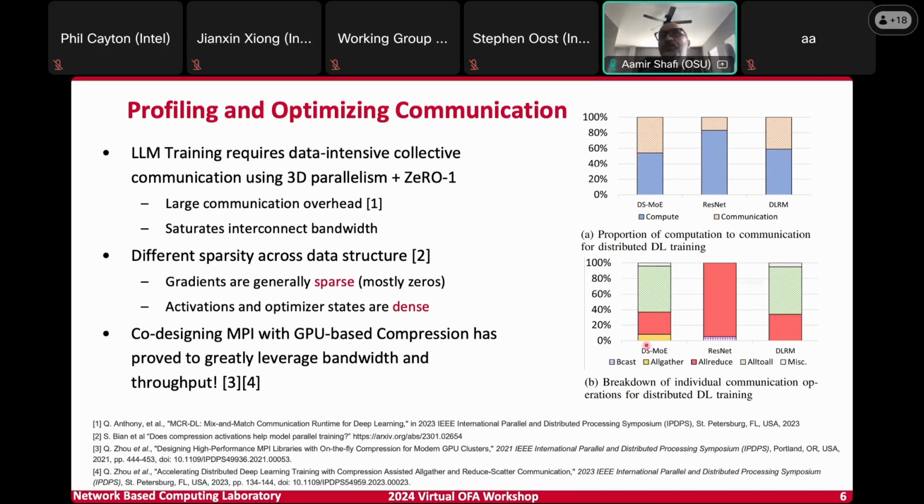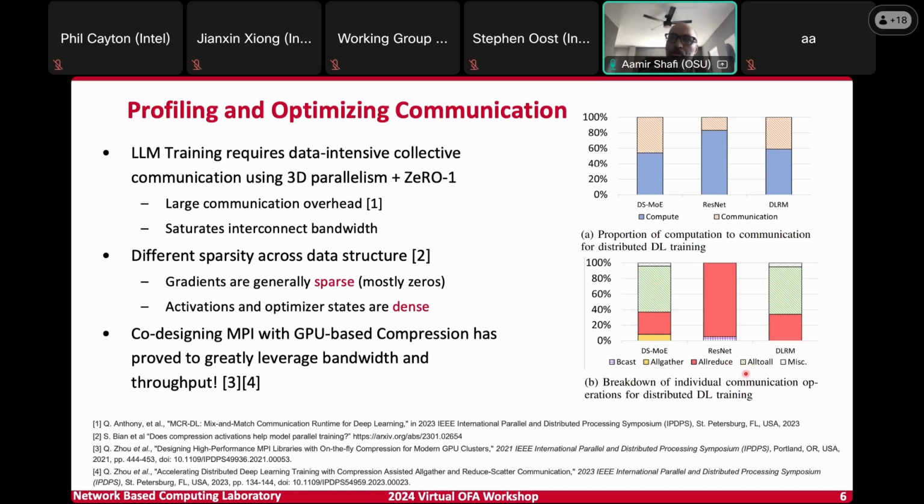If we zoom into the communication part, we can see that communication consists of broadcast, different kinds of collective primitives: all gather, all reduce, all to all. And as we heard in the keynote talk, deep learning recommendation models, as well as mixture of experts, rely significantly on the all-to-all operation. These strided green boxes here.